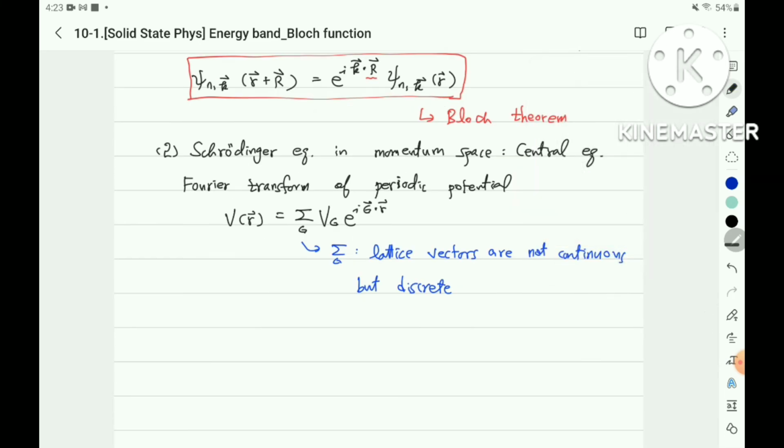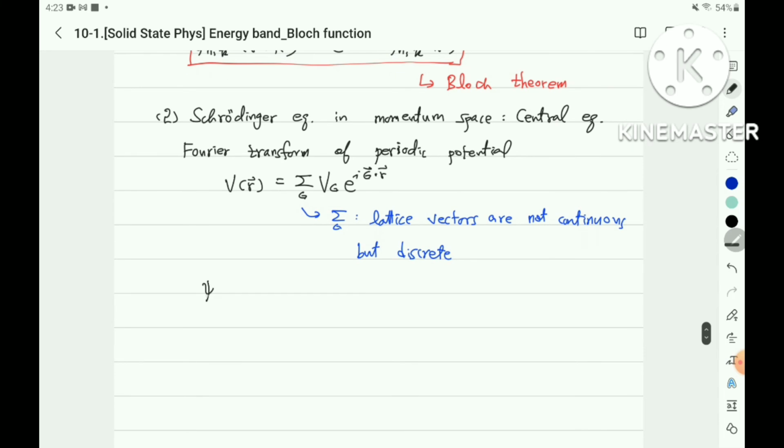Here, the wave function also has the extended state. Therefore, Ck means that there is an amplitude relating to the atomic potential. It's exponential i k dot r. Here, the summation is over the k vector.